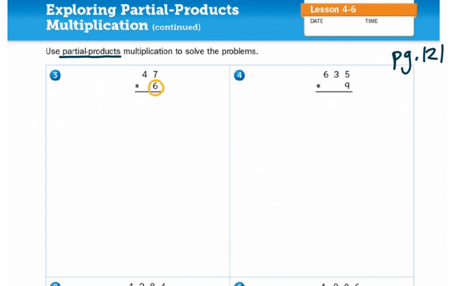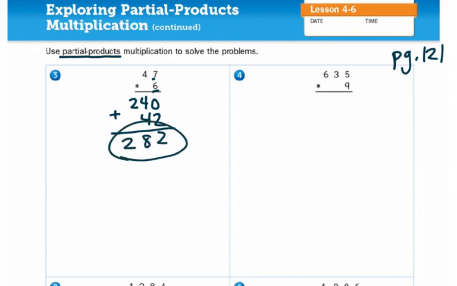The first thing we're going to do is take 6 times the largest place value. 6 times 40, because the value is 40. 6 times 40 is 240, or in other words, 6 times 4 with 1 zero behind it. Then 6 times 7 is 42. I add those numbers together. The answer is 282.